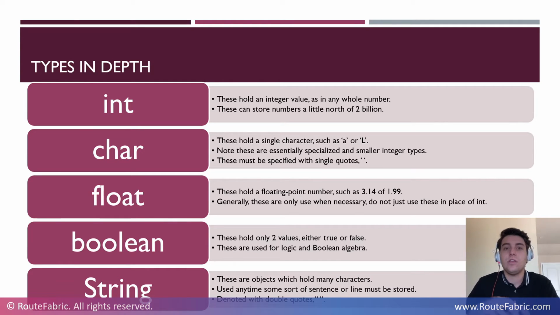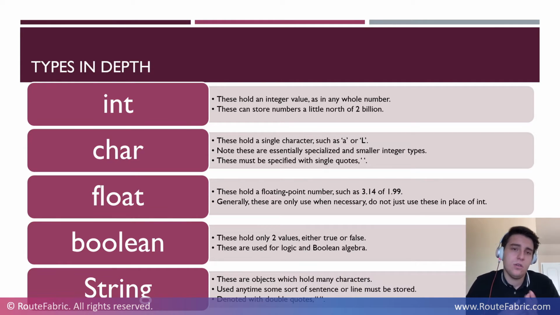And generally, no, because floating points are stored differently than integers, and integer calculations are much more efficient for a computer to execute. So only use a float if you need it. So, if you're doing money or something like that, use a float. But if you're representing someone's age, or how much of something you have, let's say how many cakes you have, use an integer. That makes the most sense.